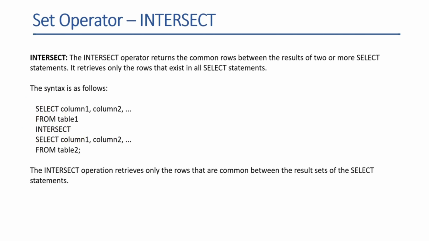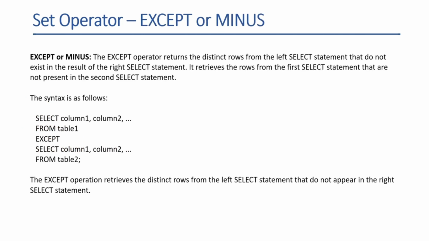The other remaining set operator is the except, or minus for some of the databases, but for SQL Server, it's the except. The except operator returns the distinct rows from the left select statement that do not exist in the result of the right select statement. You can consider this one the left, the first one.